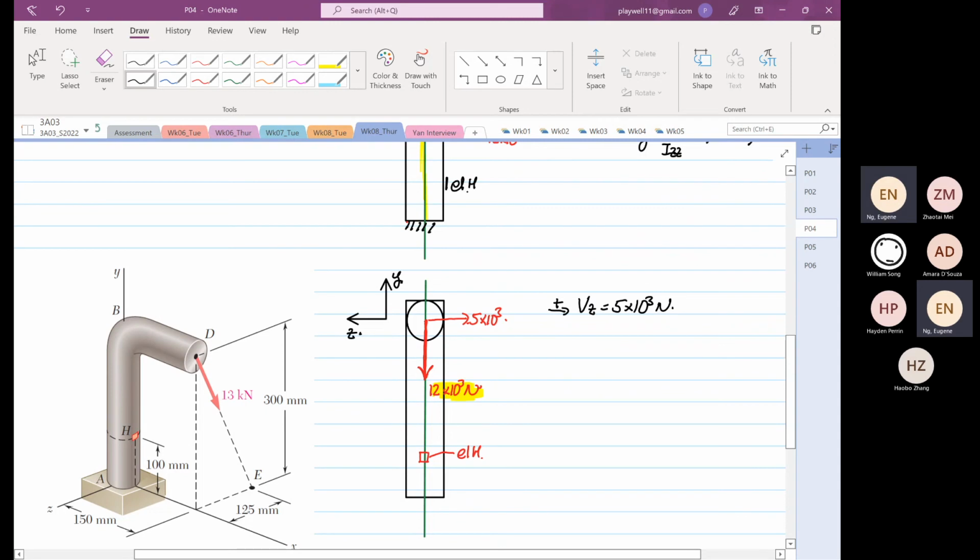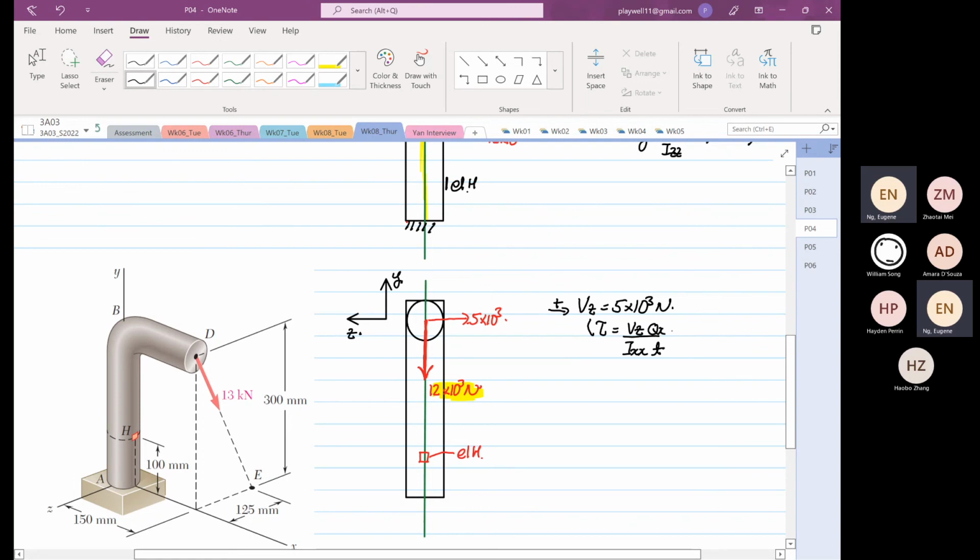And because it's a shaft, the shear stress is equal to Vz over Ixx times Q divided by t.